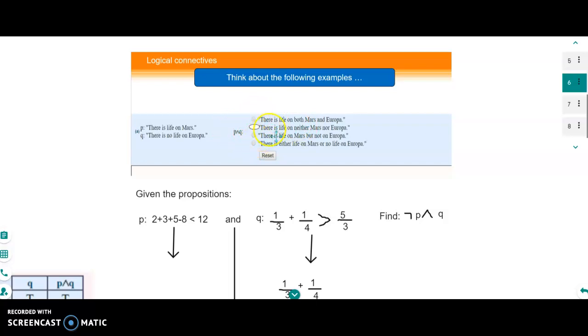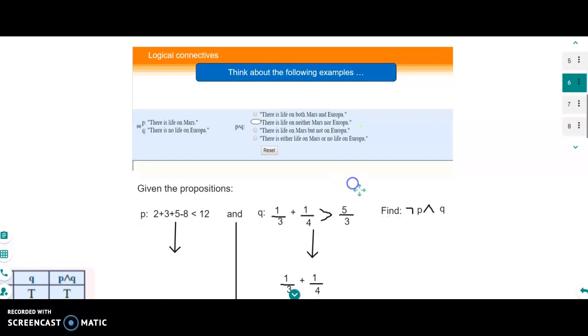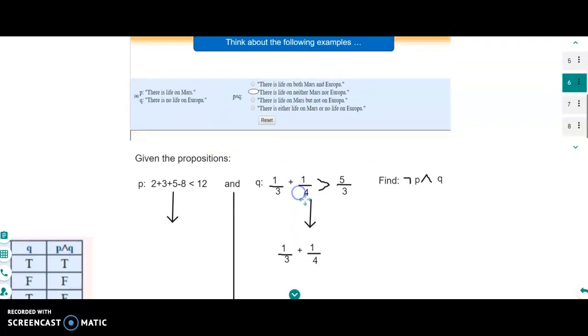So the right answer of this is, there is life on neither Mars nor Europa, all right? So that's the final answer, okay? Because both of them are negative, so we use neither, okay? This is the answer, all right?